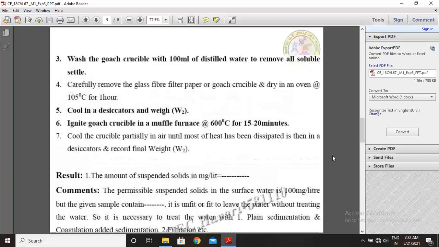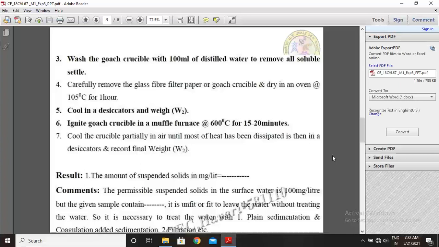Then wash the gauge crucible with 100 ml of distilled water to remove all soluble solids.